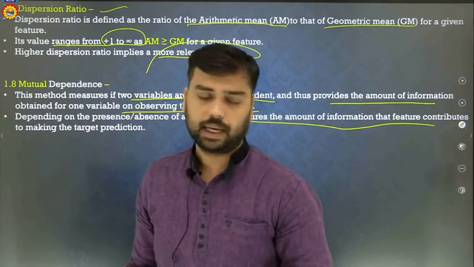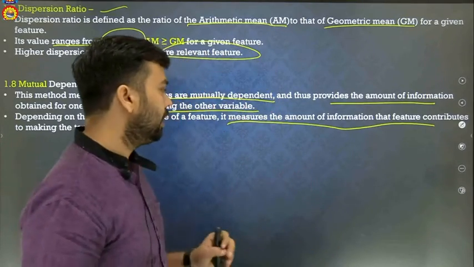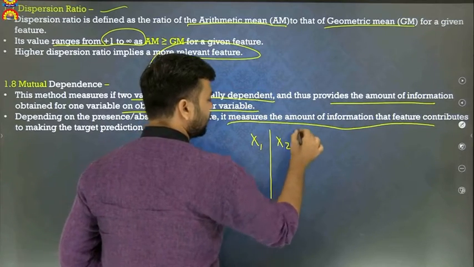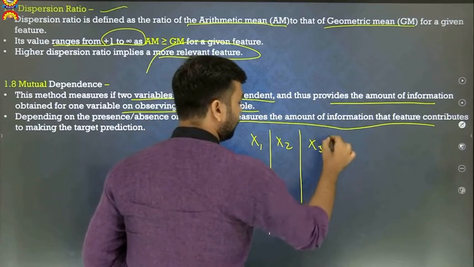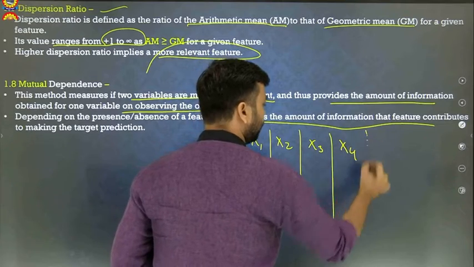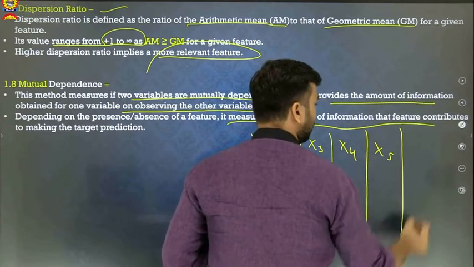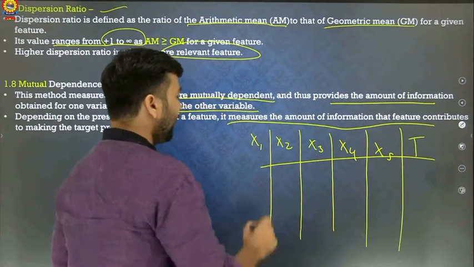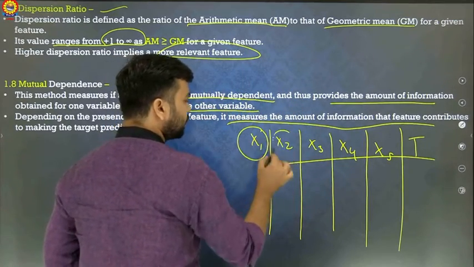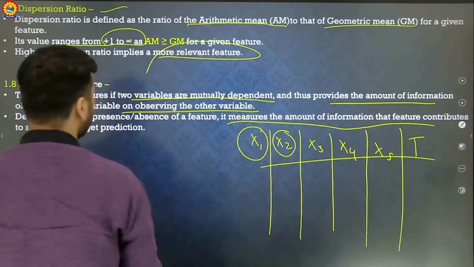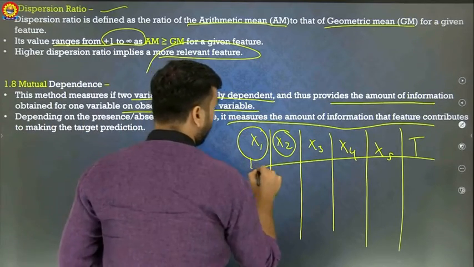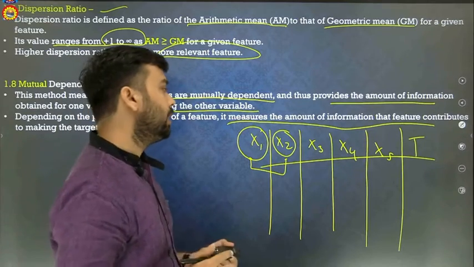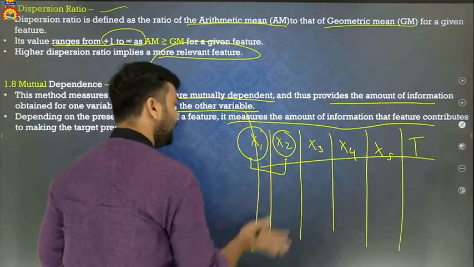I can show you one example. Suppose there is a feature x1, x2, x3, x4, x5, and a target. Now we calculate the mutual dependency of x1 and x2. Suppose both are mutually dependent, and we delete one.